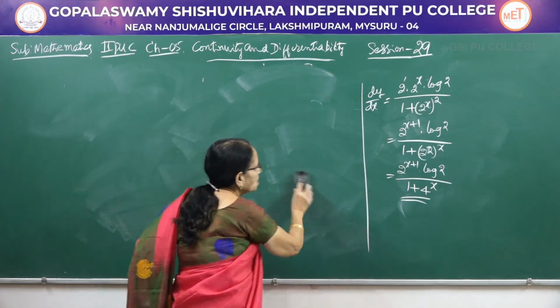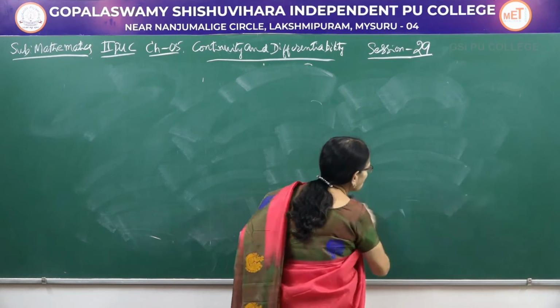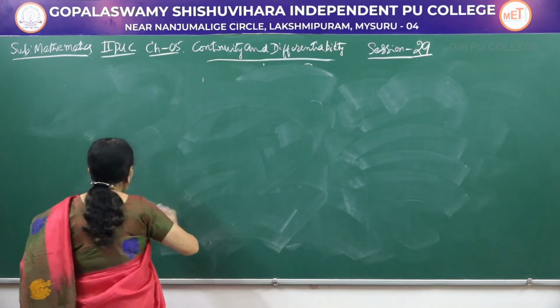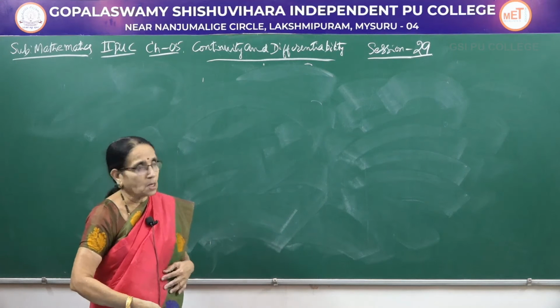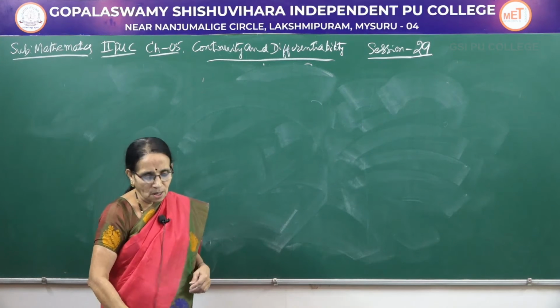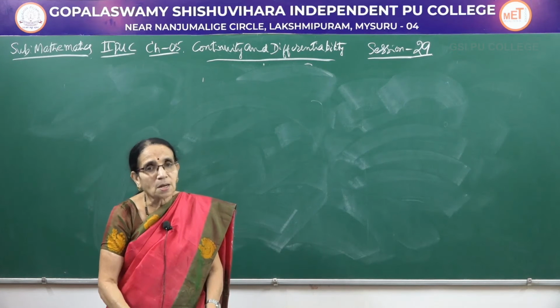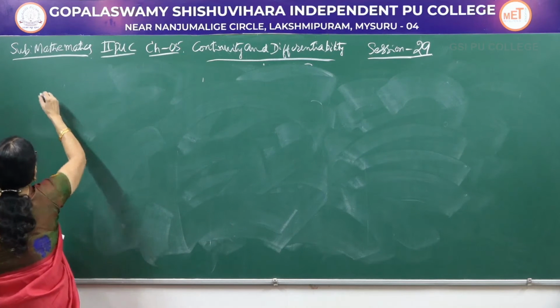Now, let me consider a problem in which I am going to consider the second derivative. So, these problems were of first derivative. We calculated the first derivative. Let me consider the second derivative. Here again a particular answer is expected. So, this is how the problem is asked.